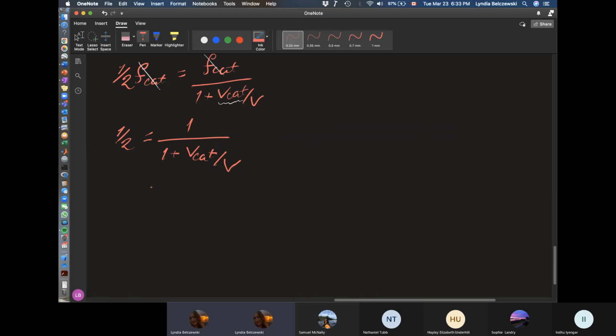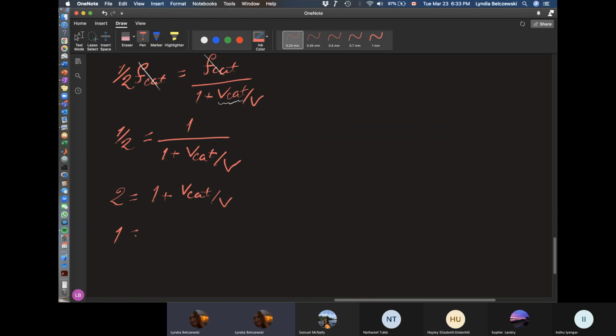I'm going to start by taking the reciprocal of both sides, flipping both sides. So on the left-hand side, I'll have 2 is equal to 1 plus V cat over V on the right-hand side.